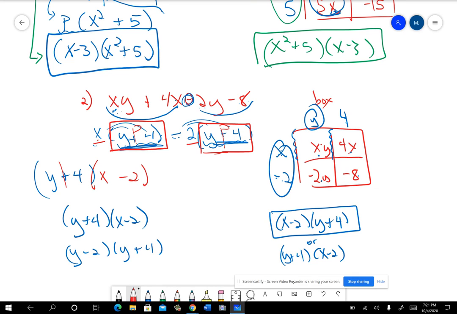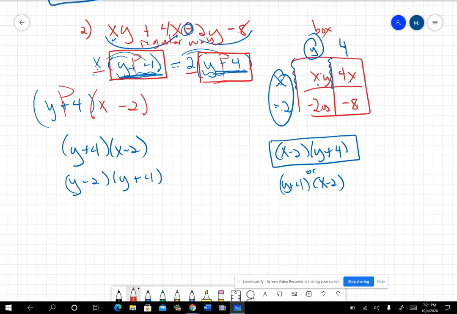See, so this right here was that common p that I saw. If that makes sense to you to do it the regular way, I'm fine with that. It's good. Okay. The box just, I found, allowed some people who were struggling with the regular way to figure it out. Okay. All right, so let's work on just that part.